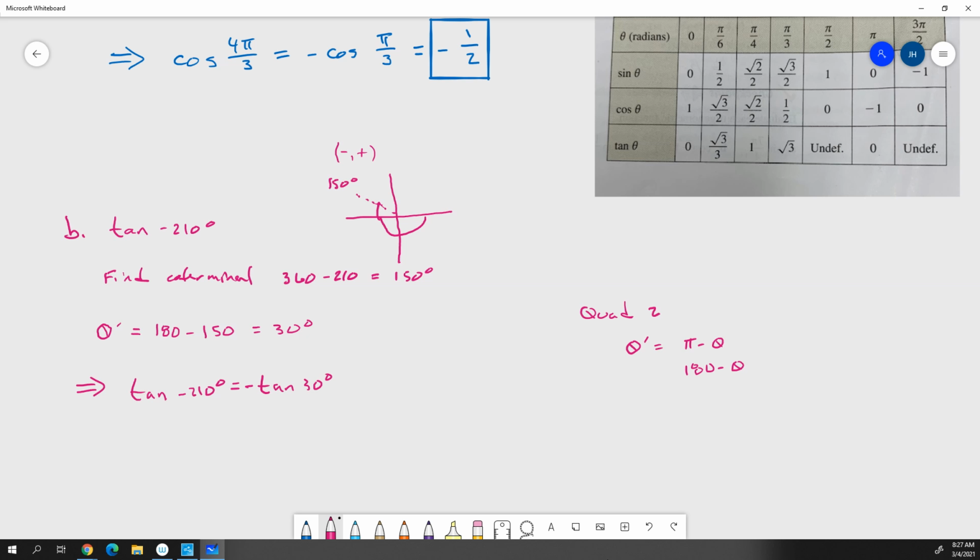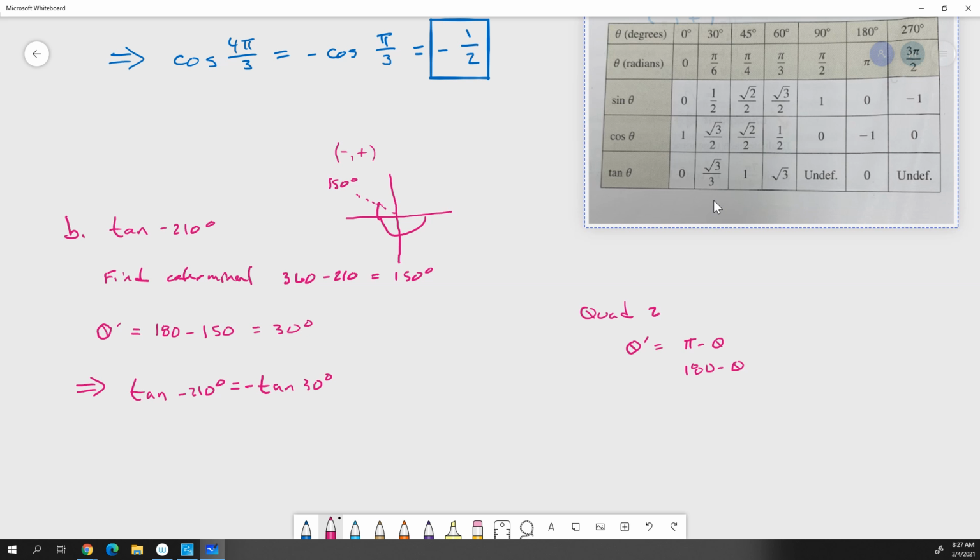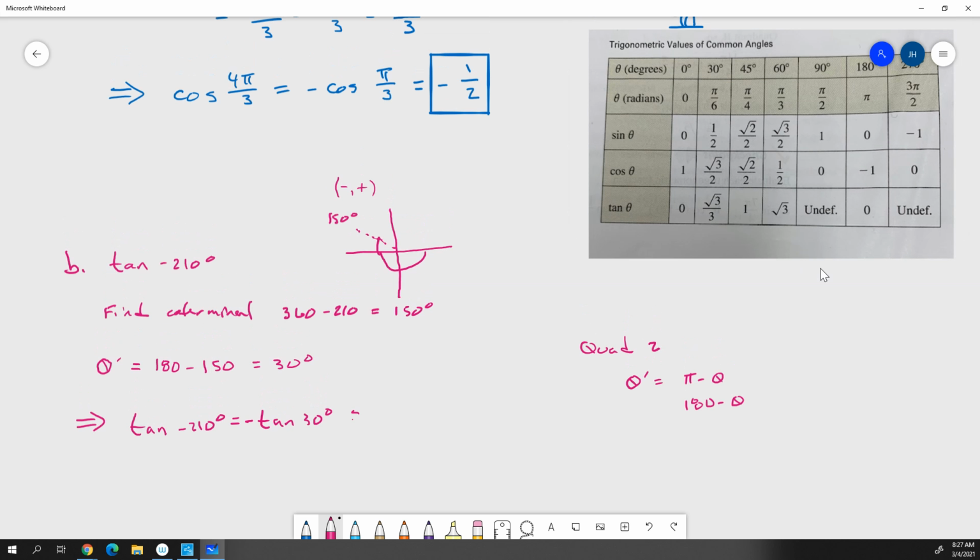And so now all I have to do is look at my chart, and I go, well, what is tangent of 30 degrees? Well, it's radical 3 over 3. And so I can just write in equals negative radical 3 over 3. Does that make some sense?